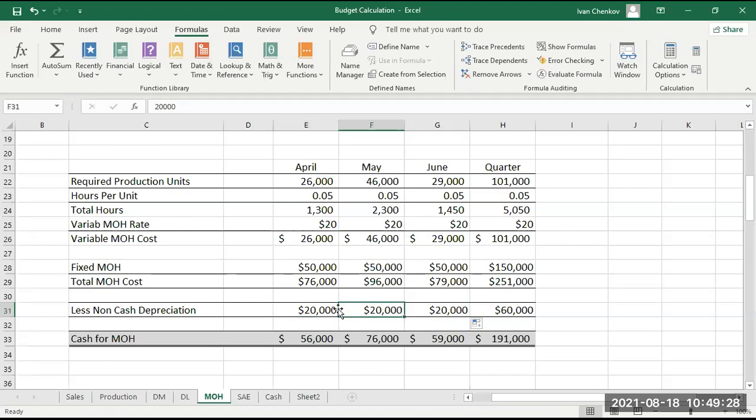So what I can see from here, my total manufacturing overhead for the month is 251, correct? My total hours are 5,050 hours. But this is on the budget side, correct?